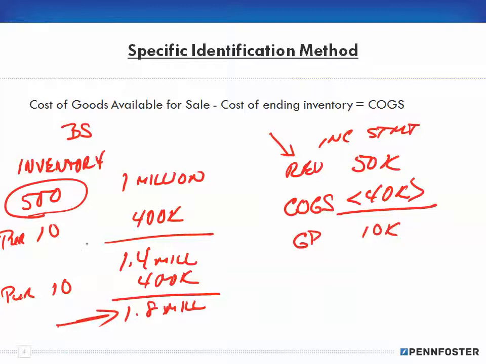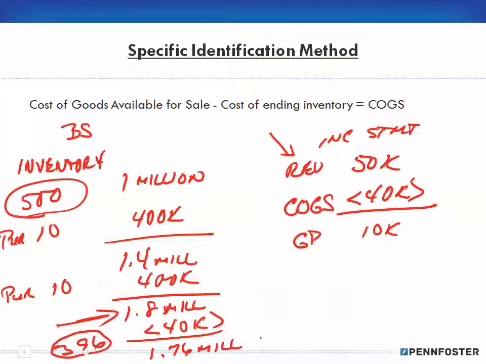Now while I'm waiting for that show to come along, somebody comes and they buy car number 396. Okay, and so I have to move the $40,000 out of the inventory because we're using specific identification, and so now my ending inventory is $1.76 million.